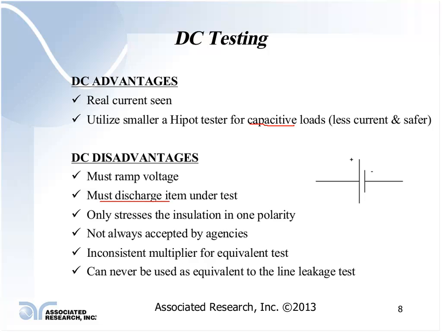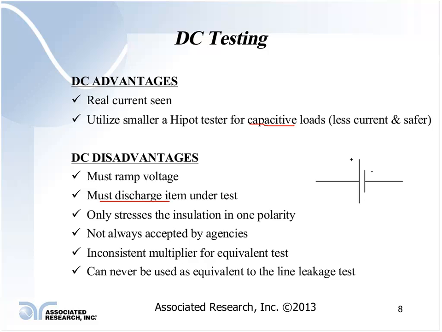You typically have to test at a higher test potential. The multiplier for an equivalent test is not always consistent. But if you are doing a DC test, typically the DC value is at a minimum 1.414 times the AC test potential in order to get an adequate or equivalent test potential being applied to the product.